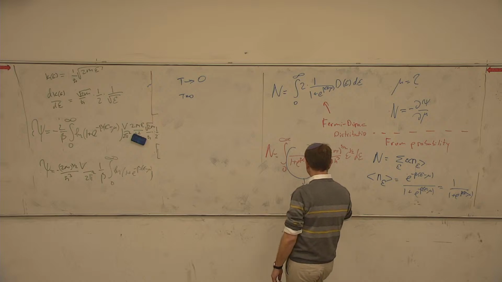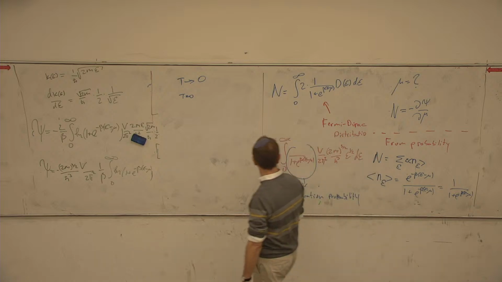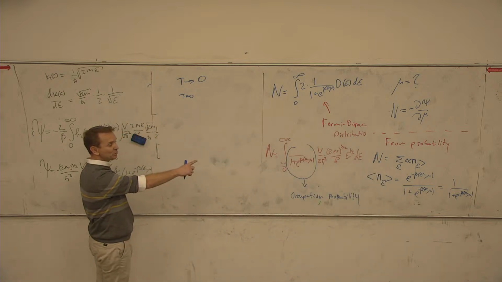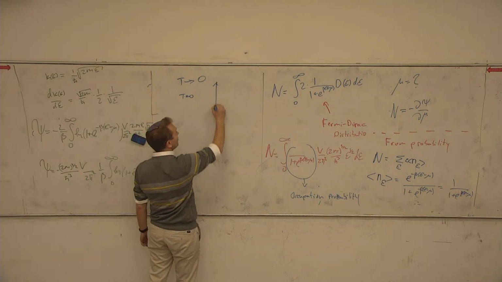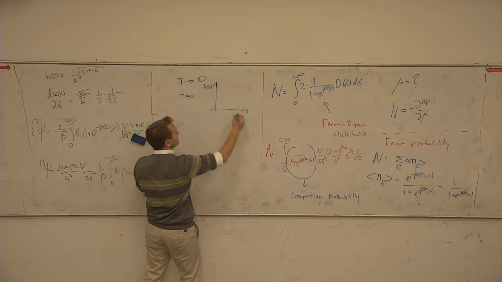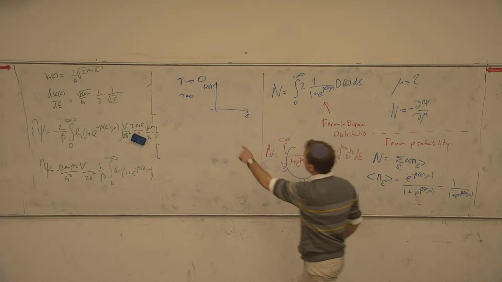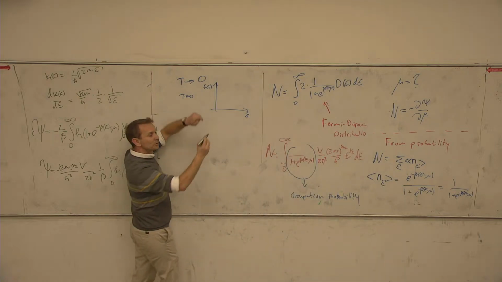When the temperature is zero, let's call it f of epsilon, it's extremely sharp.